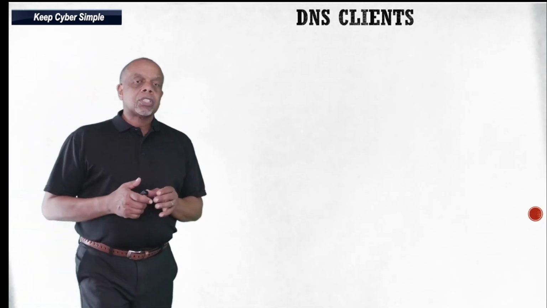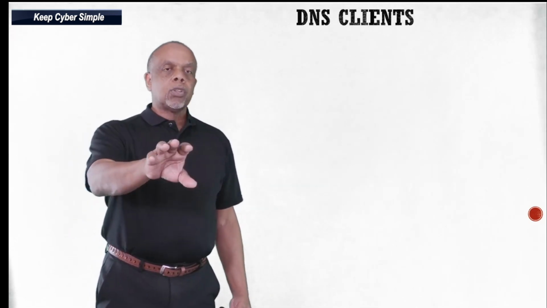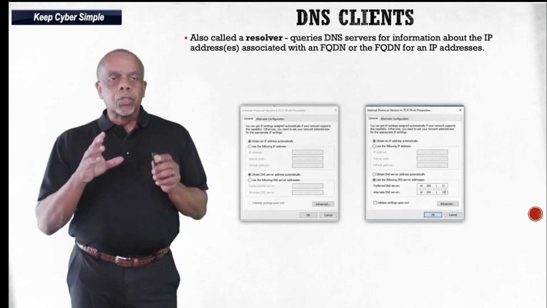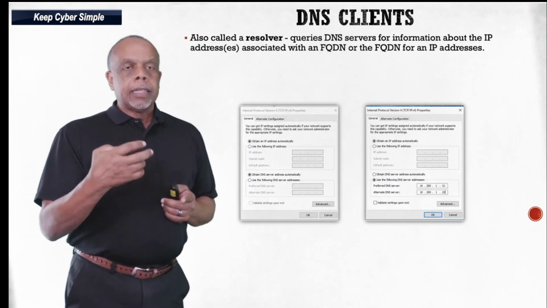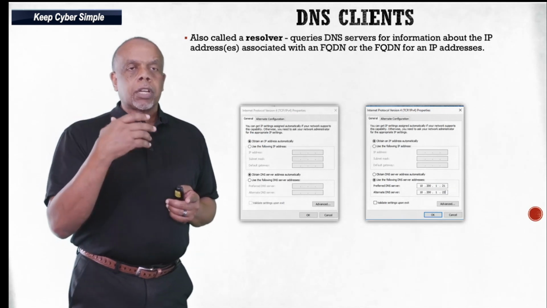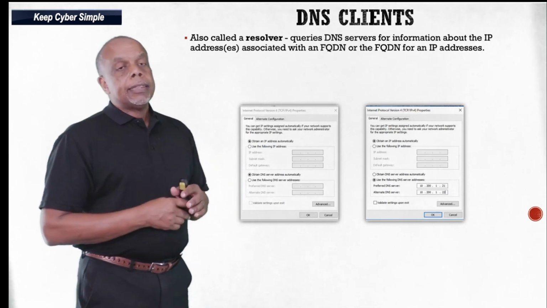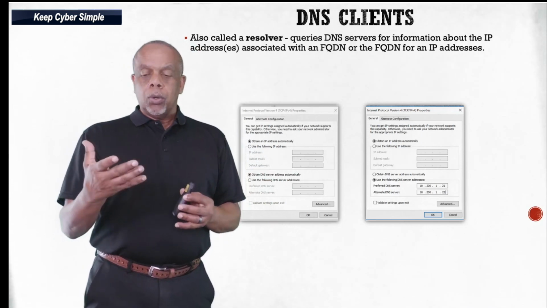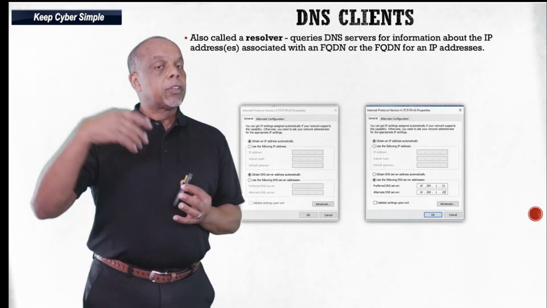Now, this process really starts locally with our DNS client. When I say client, think of that as your home computer or your host machine. Your home computer has a resolver. That's what we call a resolver, where it's going to query. First it's going to look internally, because there's a database, a cache, inside your computer, and once it has resolved a domain name, it keeps it in cache so you don't have to go out and look for it anymore.